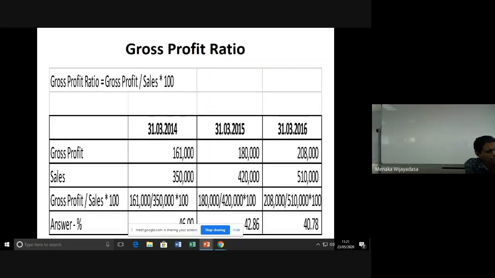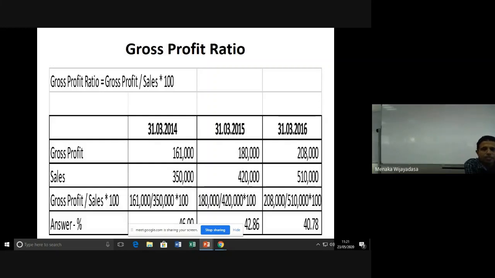Now, if you go to the question and the financial statement, the income statement, you can see under gross profit, in each year 14, 15, and 16, the gross profits are given: 161,000, 181,000, 208,000. And the sales figure is also given.